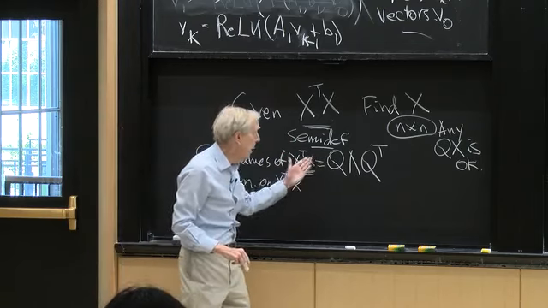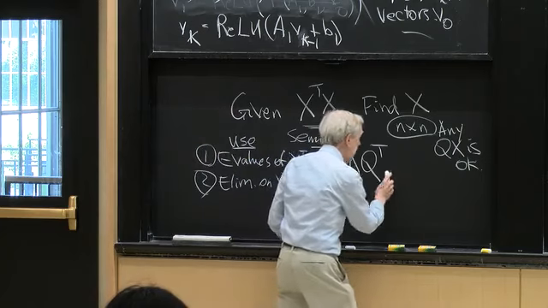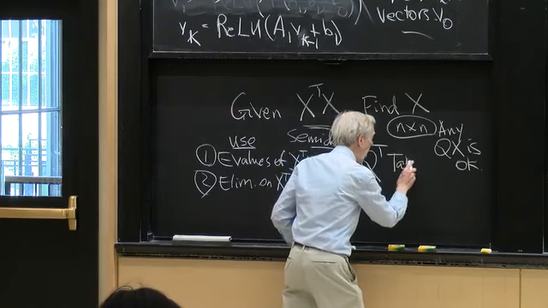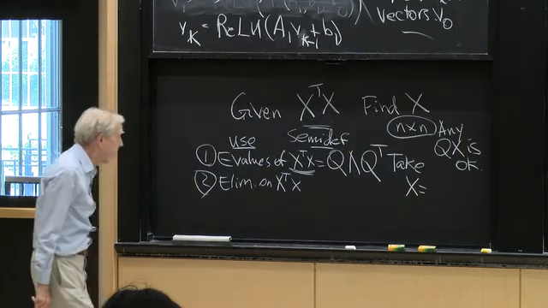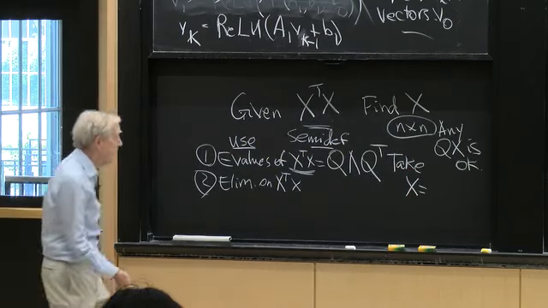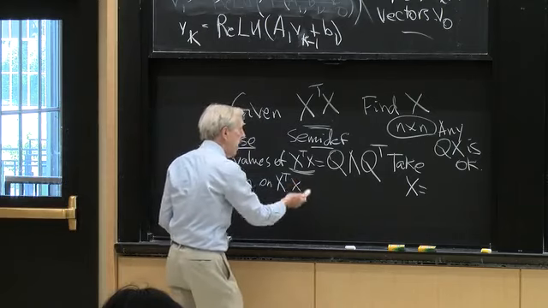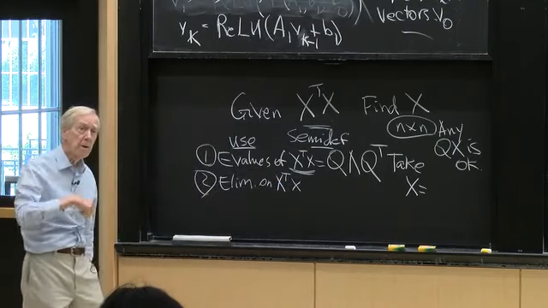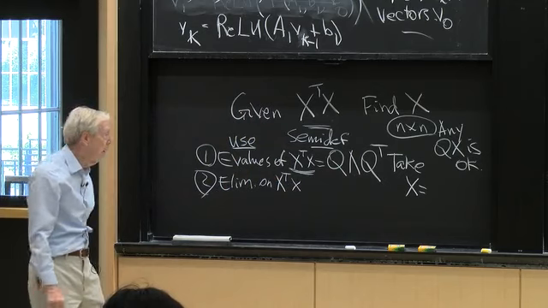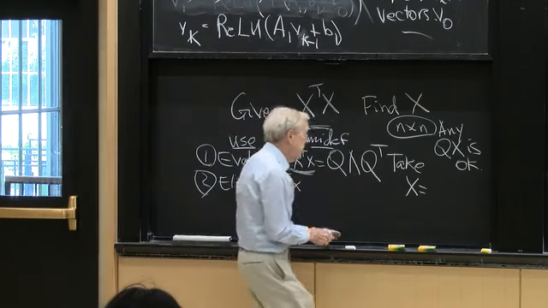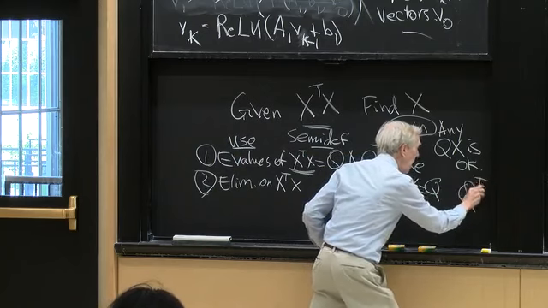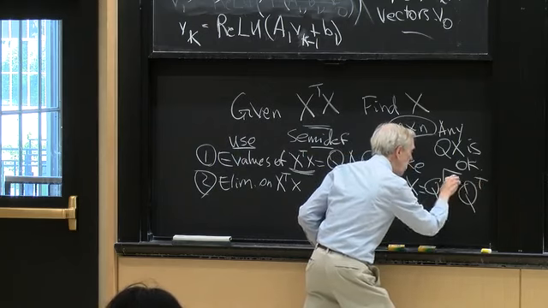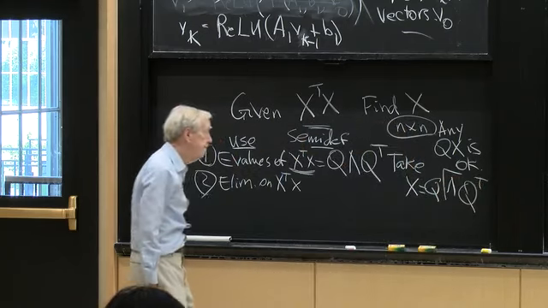So now if I know that, what's a good X? I've got the eigenvalues and eigenvectors of X transpose X, and I'm looking for an X that will work. One idea is just to take the same eigenvectors and take the square roots of the eigenvalues.